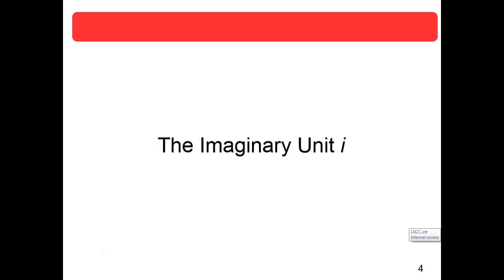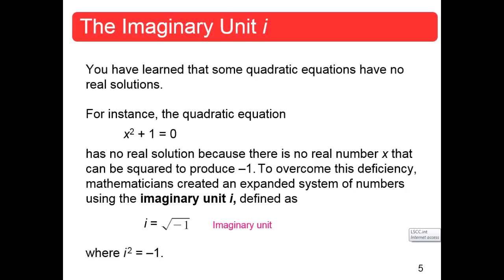Now we have imaginary numbers, and this is the imaginary unit i. What in the world is that? Well, if you remember, what about this equation here? x squared plus 1 is equal to 0. What's the solution for that? What x can you plug in there, square it, add 1 to it, and get 0 as an answer?